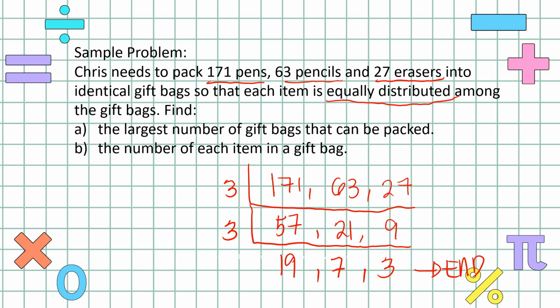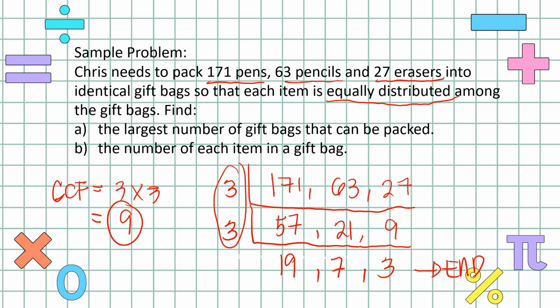Okay, so where will we get the answer for letter A and letter B? If the question is what is the largest number of gift bags that can be packed, then this tells us the largest number that can divide our items: pens, pencils, and erasers. And the GCF is actually right here on the left side, which is 3 times 3. Then that gives us 9.